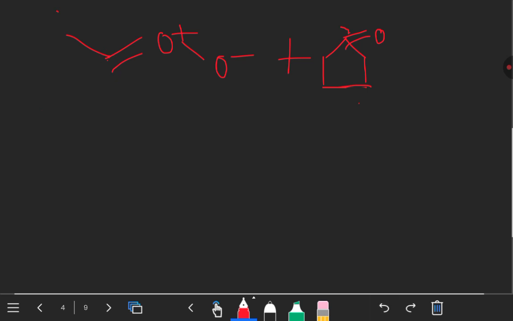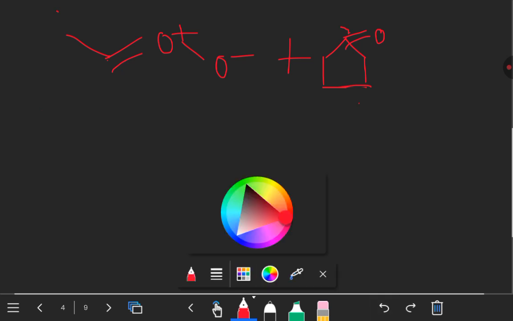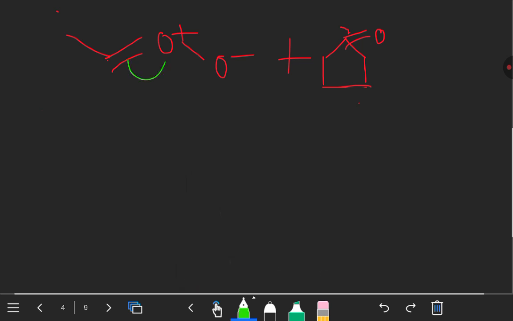So actually the first step which should take place is that the bond here, let me use a different ink, will break, donating electrons to that positively charged oxygen, hence neutralizing it.